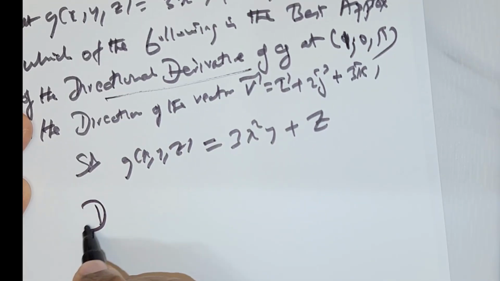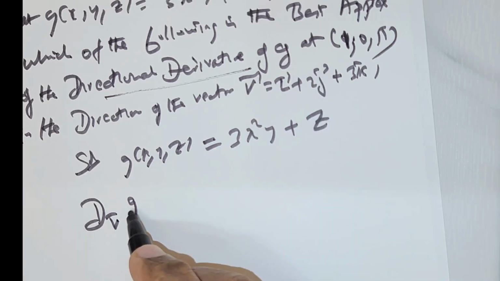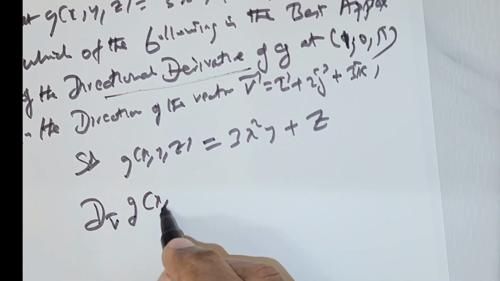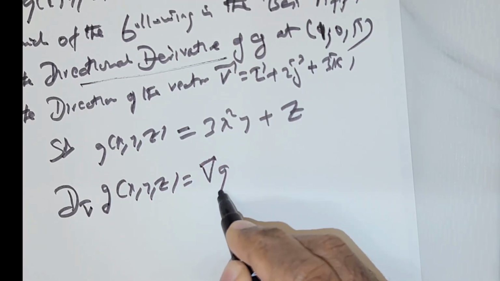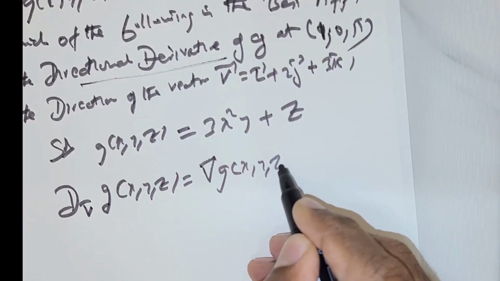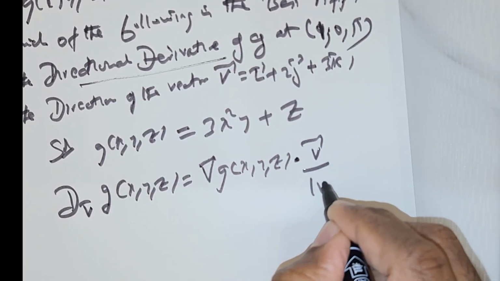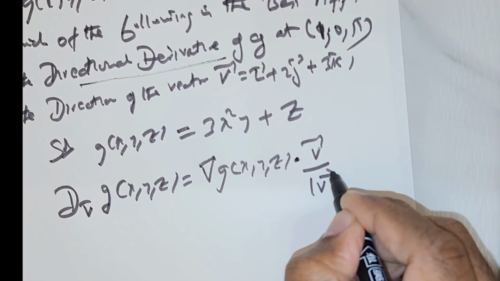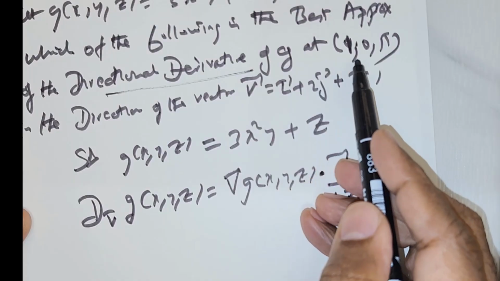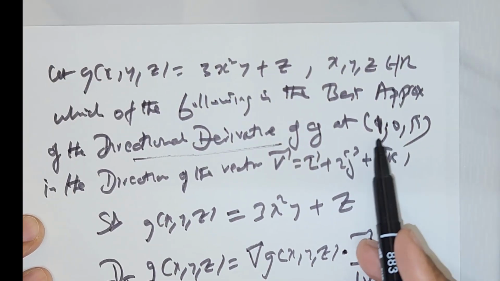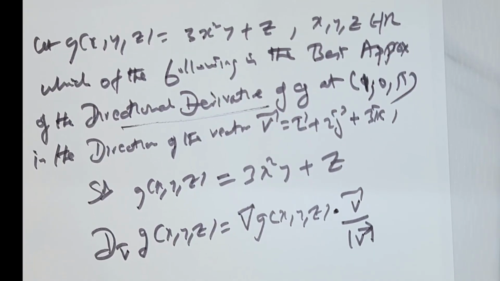Now the directional derivative for g is given by this formula: D_v g of x, y, z is equal to the gradient of g of x, y, z dotted with v vector over the modulus of v vector. Of course we can obtain it at this given point (1, 0, pi).